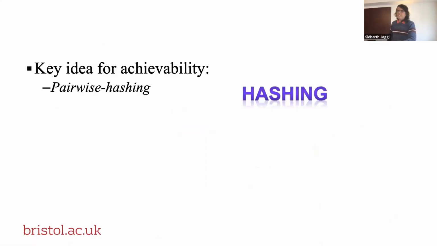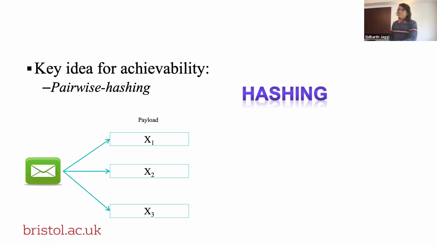So in this case, here's from an achievability perspective, from the perspective of trying to get good performance, an idea which is quite helpful, that of so-called pairwise hashing. So the idea is, imagine Alice takes her message, again adds some redundancy, and stores it on different servers, just like we did earlier.